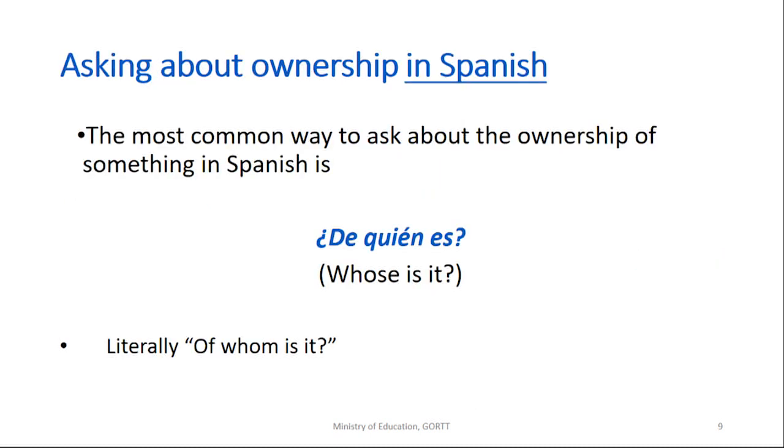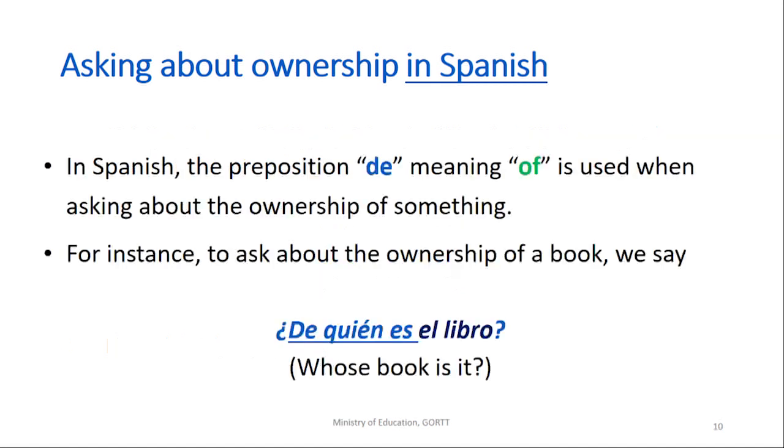One of the most common ways to ask about ownership in Spanish is de quién es. This means whose is it? Literally, it means of whom is it? In Spanish, we use the preposition de, which means of, to indicate the ownership of something.